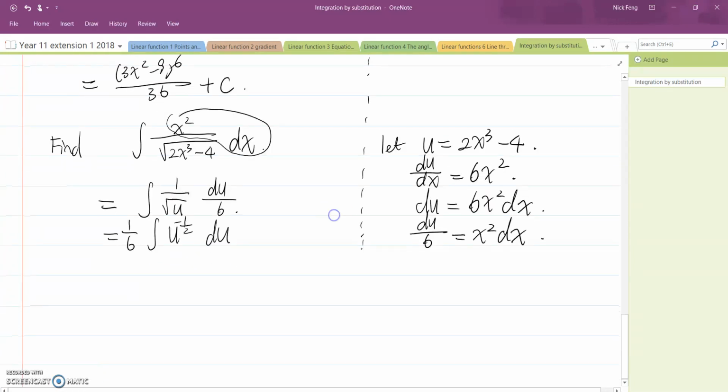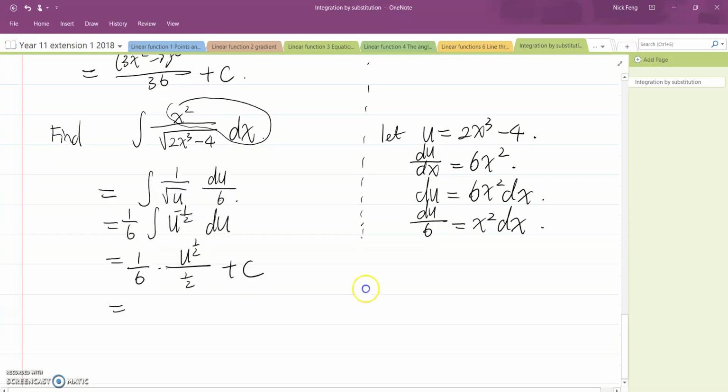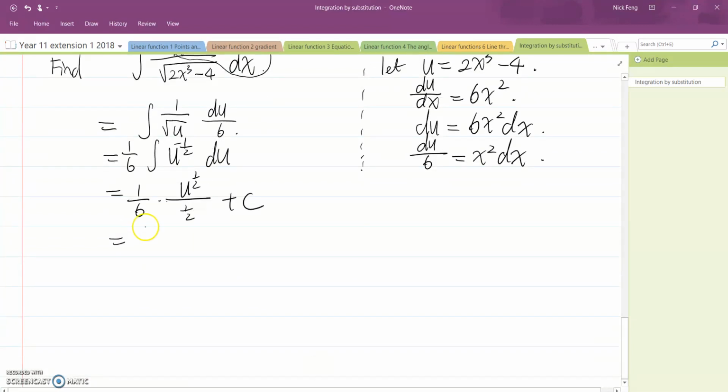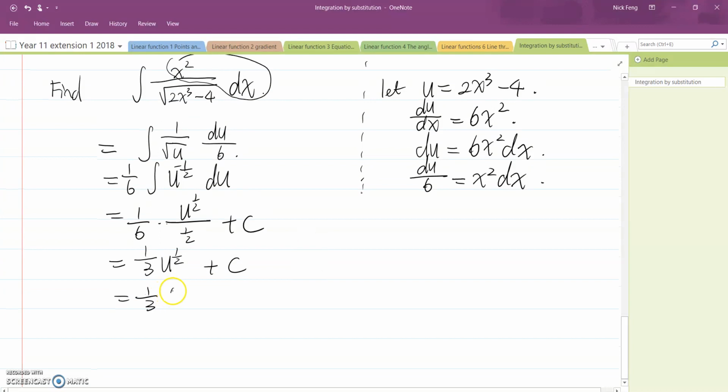Then just do normal integration, which is 1 on 6 times u to the power of half, since negative half plus 1 is half, divided by half, plus c. Dividing by half is times 2, so 1 on 3, u to the power of half plus c. If we rewrite this as what we got before, that should be 2x cubed minus 4 to the power of half plus c.